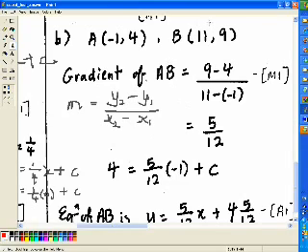In this case, B is your point 2, A is your point 1.